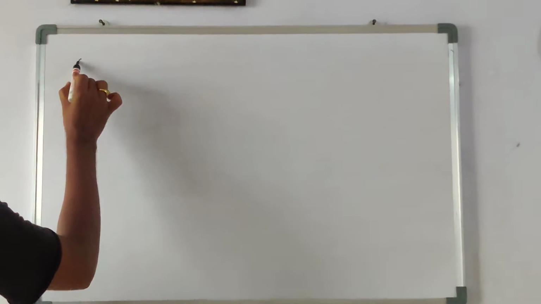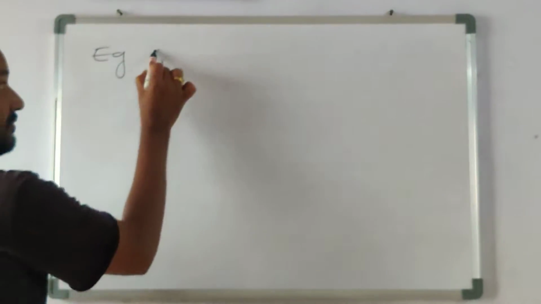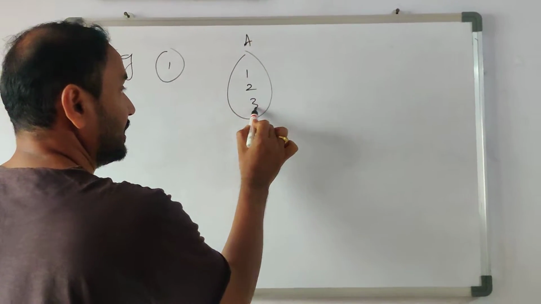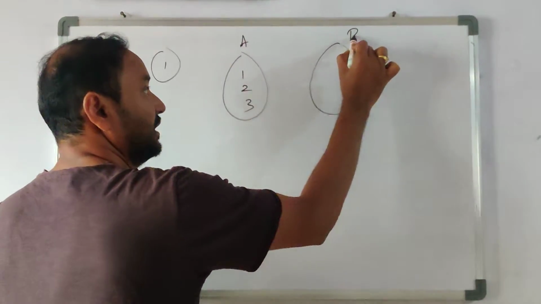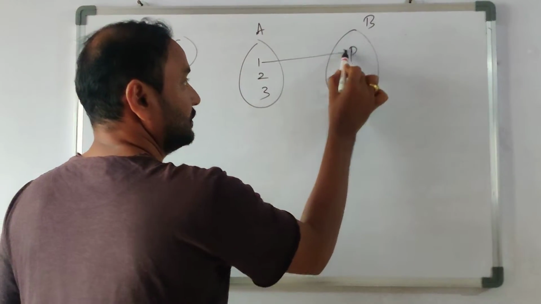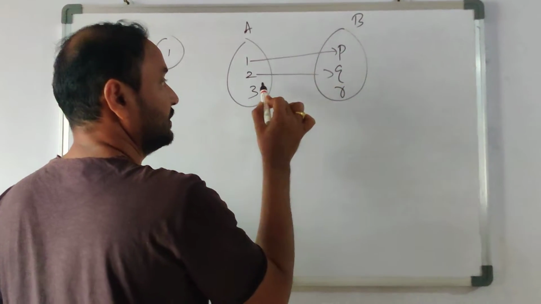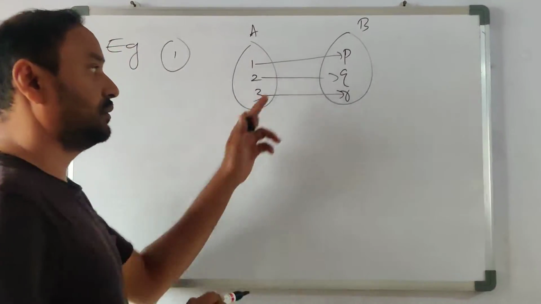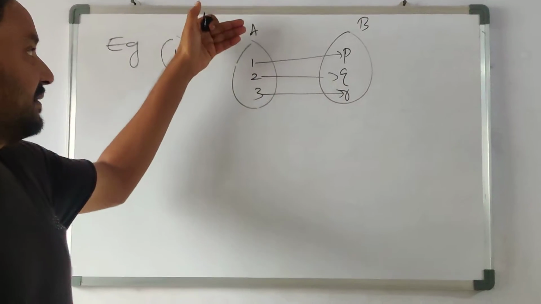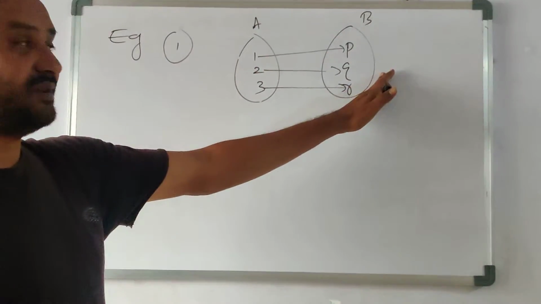Example 1. Suppose you take A = {1, 2, 3}, B = {P, Q, R}. Like this, 1 to P, 2 to Q, 3 to R. Here 1 has one image, 2 has one image, so different elements have different images.